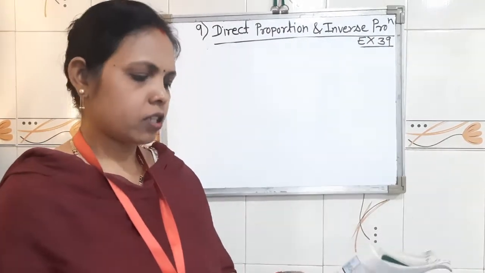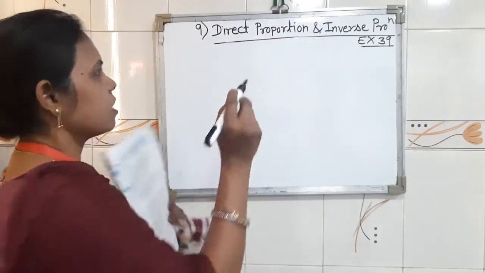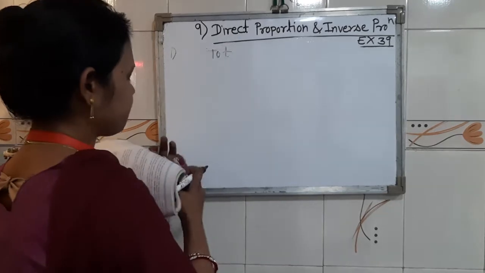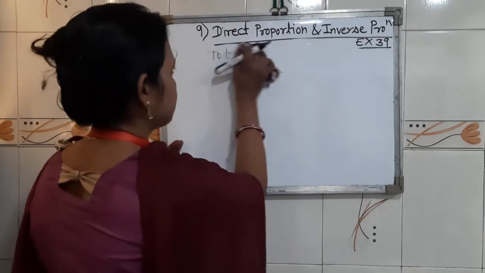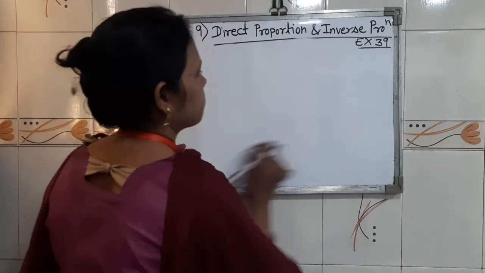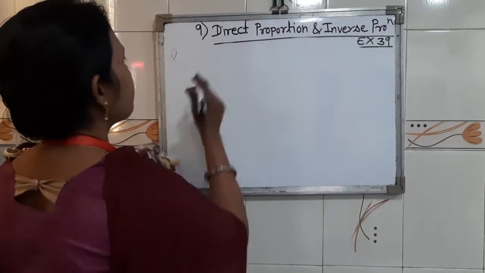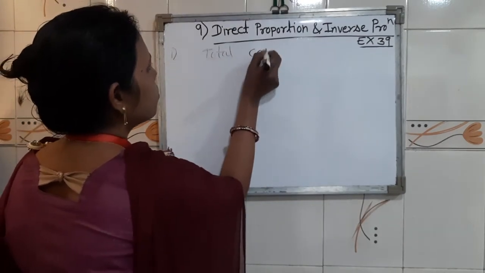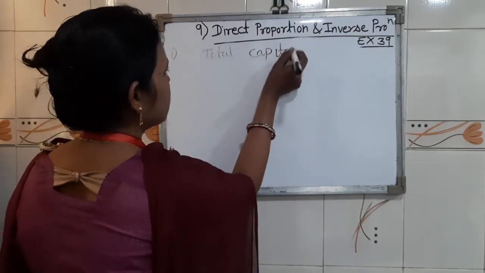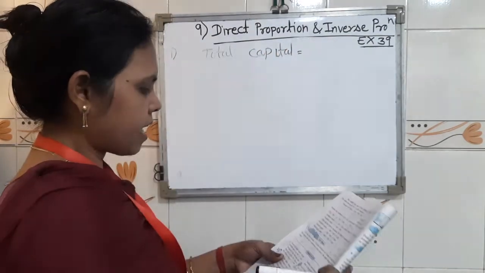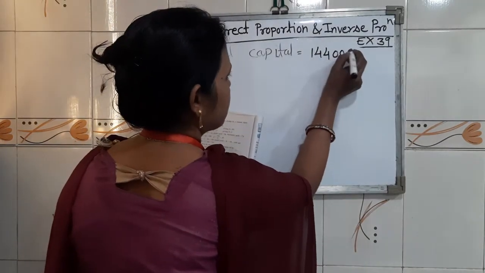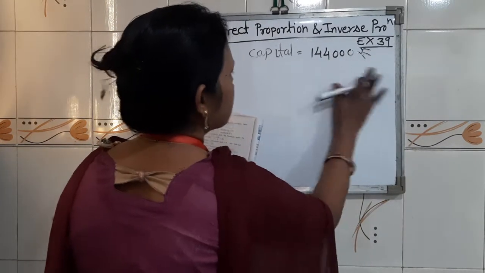Then first we will write total capital. Total capital equal to 1,44,000 rupees.